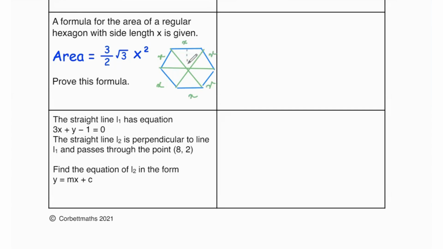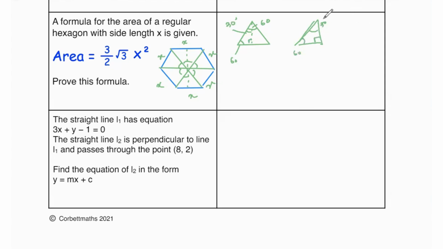So as you can see, we have 6 triangles over here, which means each of these angles is going to be equal to 60. So if I draw this triangle over here, this angle is 60. If we divide this by 2, this is going to be 30, which means this is going to be 60 and this is 90. So it's one of the special triangles, 30, 60, 90.